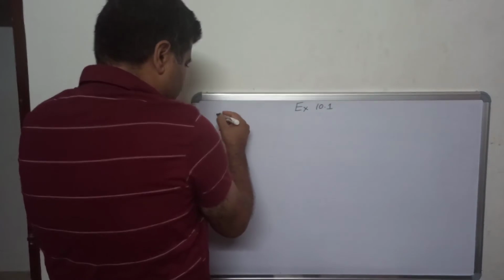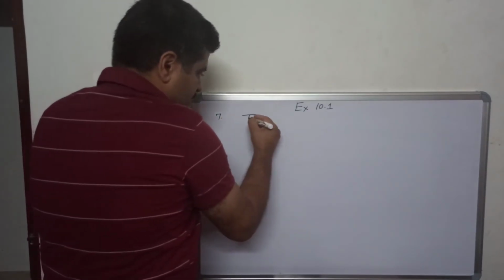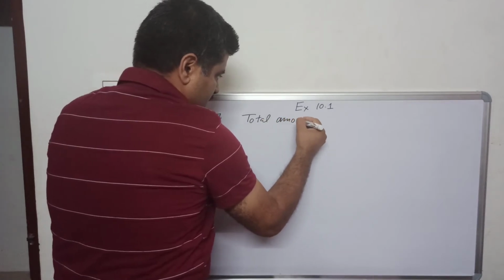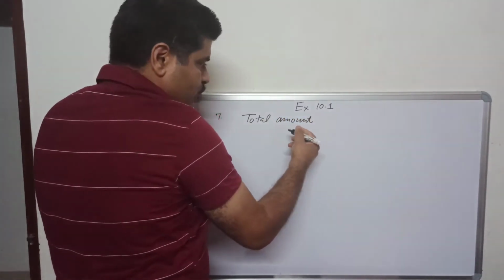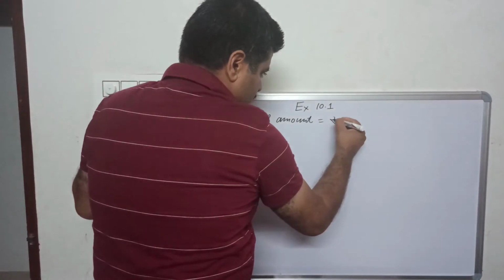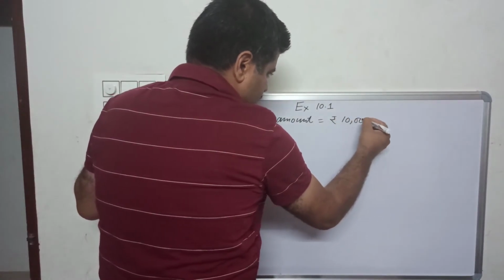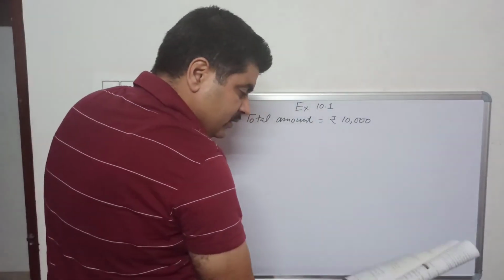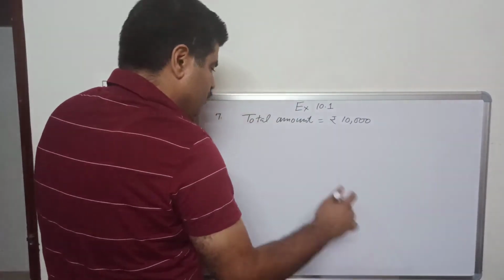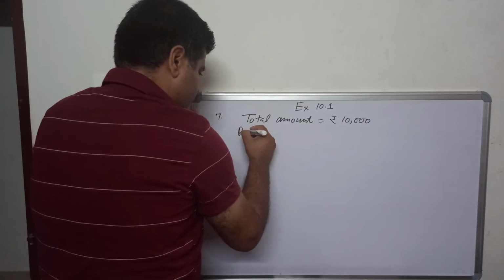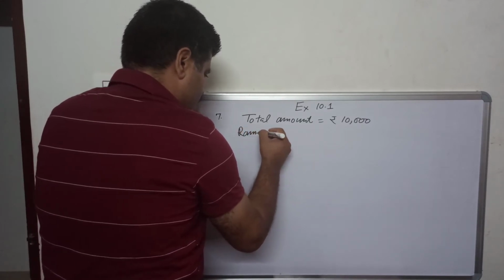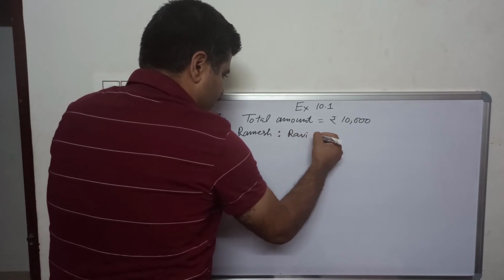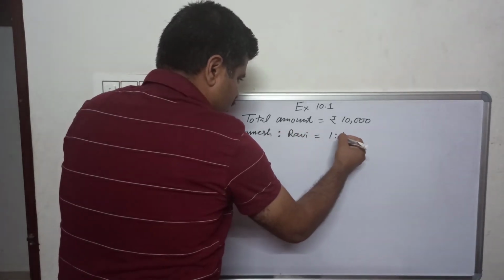Total amount which is to be distributed is rupees 10,000, and ratio of Ramesh and Ravi is 1:4.